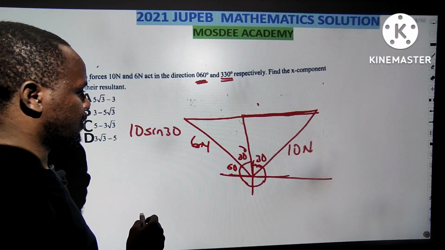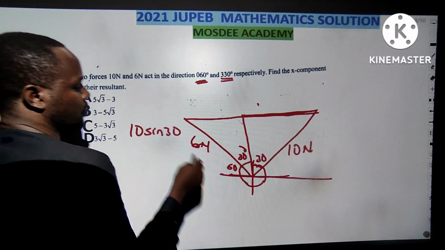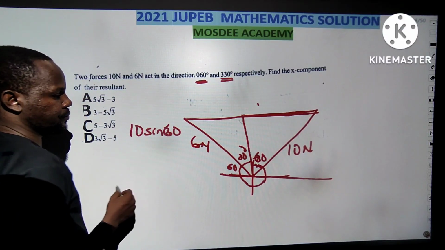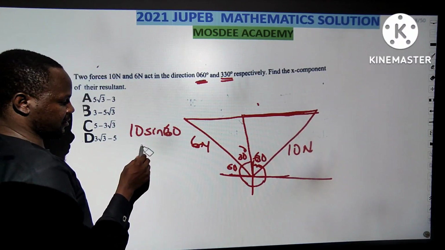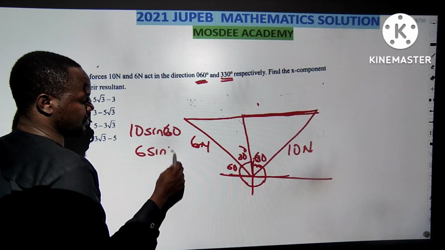Then we have, I hope no mistake, so that we don't have issue. The first one is not 30, so 60. 10 sine 60. Then the second one, which is 6, opposite as well again, that is 6 sine 30.